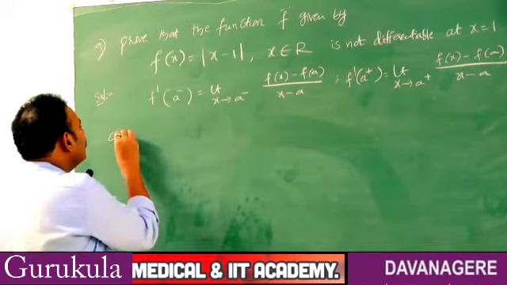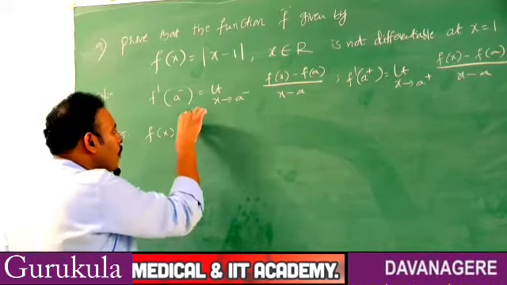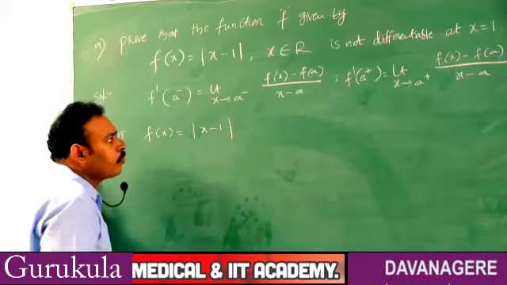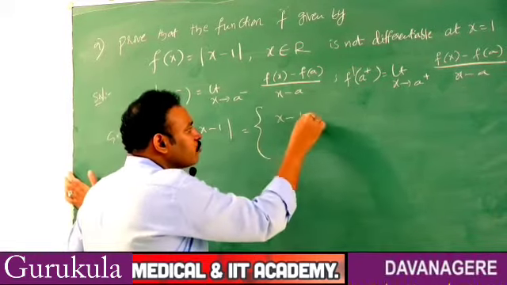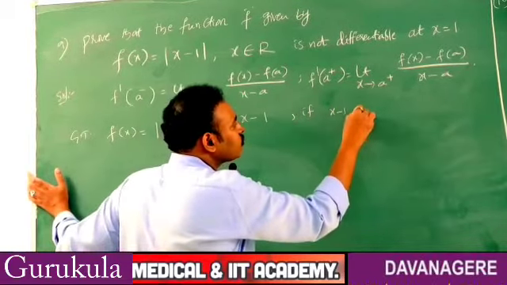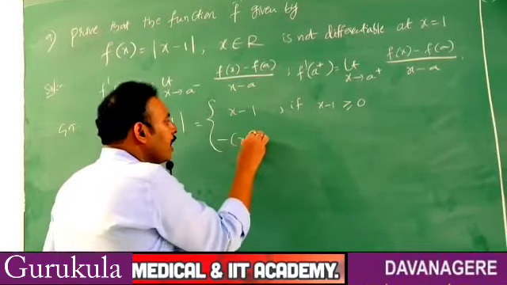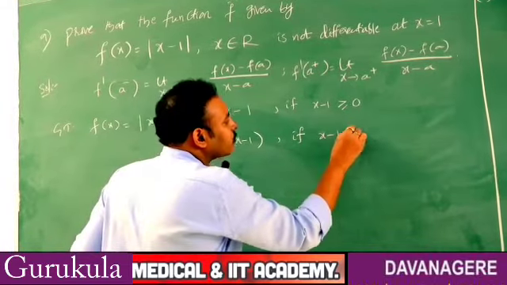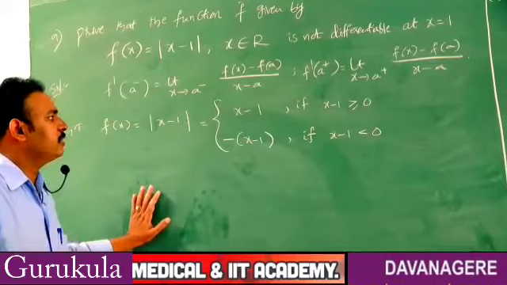Given function is f of x is equal to modulus of x minus 1, student. This can be written as x minus 1 if x minus 1 is greater than or equal to 0, minus of x minus 1 if x minus 1 value is less than 0, students.